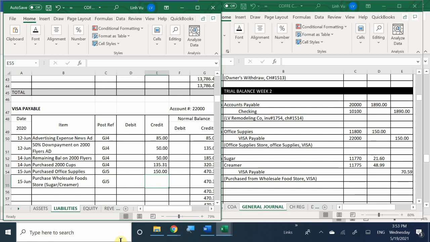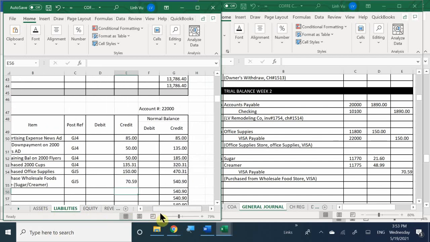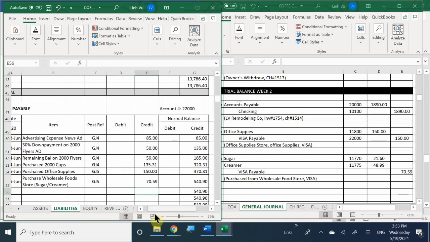For a credit of $70.59. Making our balance $540.90. Good.